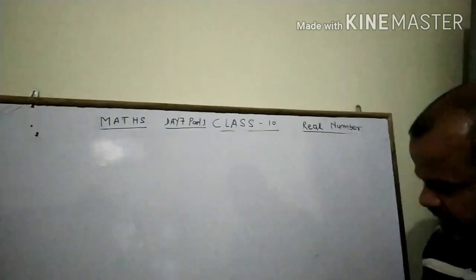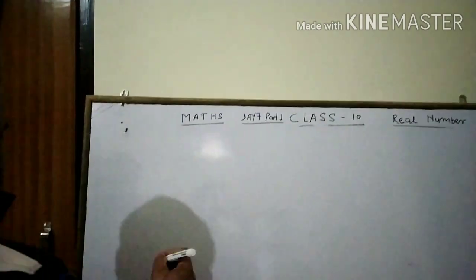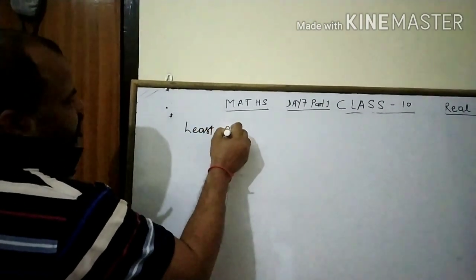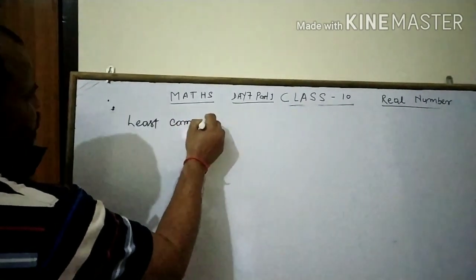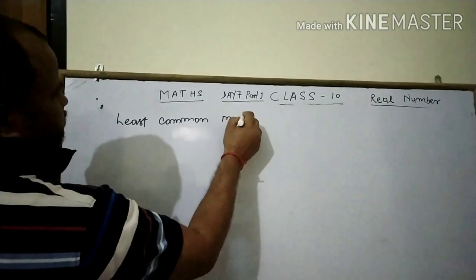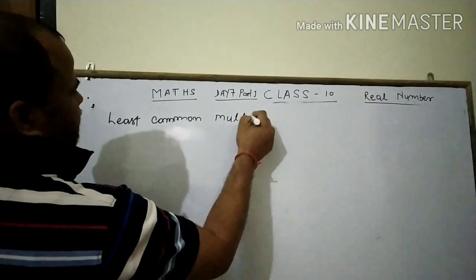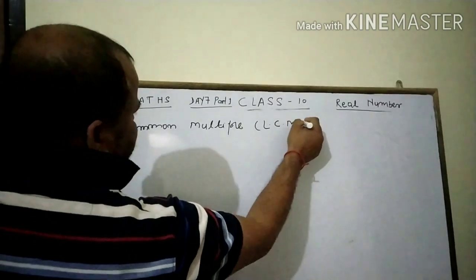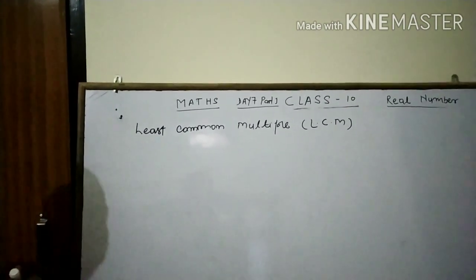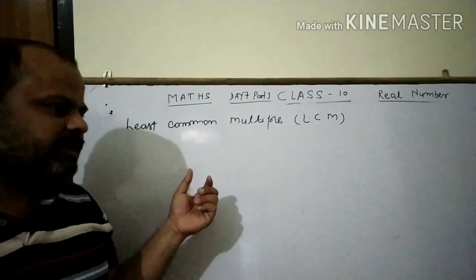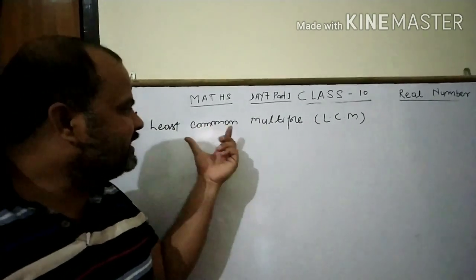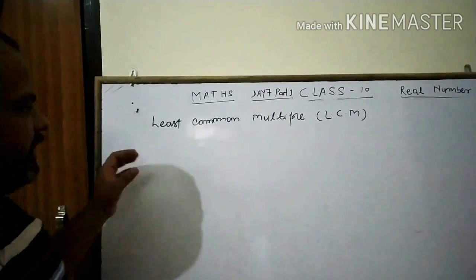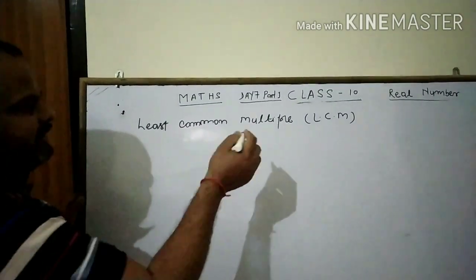Then here we discuss the least common multiple, called LCM. Suppose in the question it is asked what is the smallest number. Then you can find the LCM.